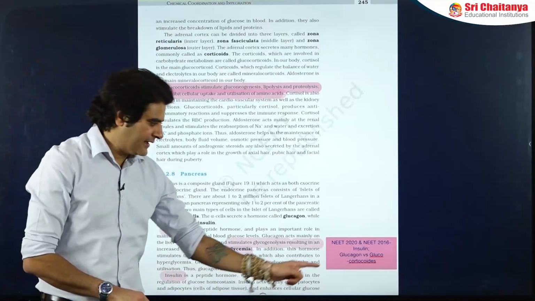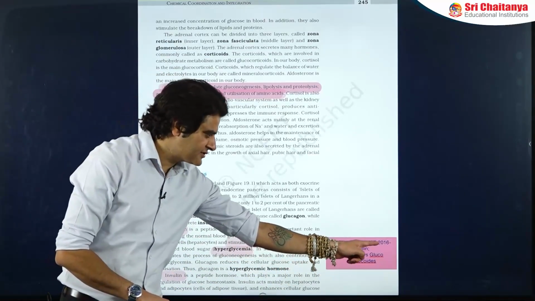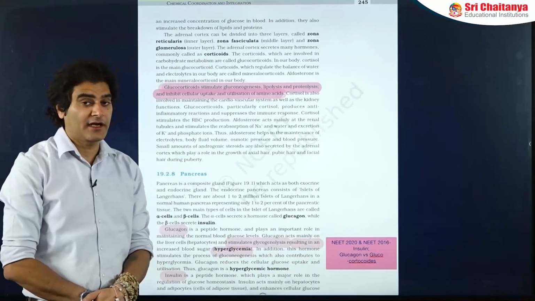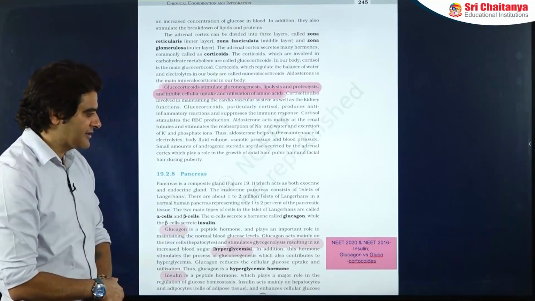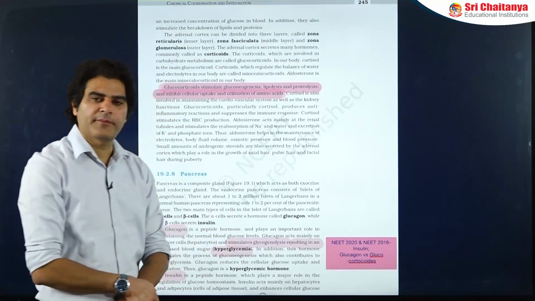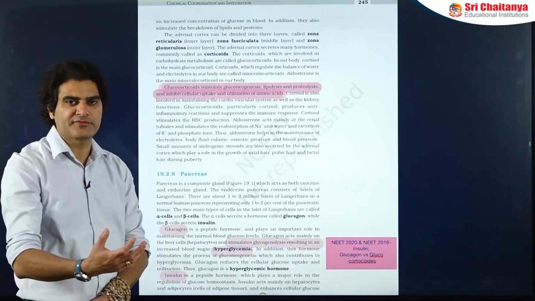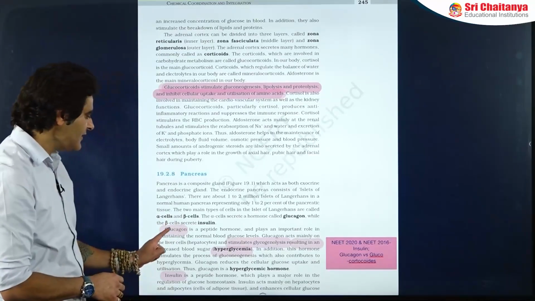The pancreas is another important gland from the questions perspective: NEET 2016, NEET 2020. There have been questions on the antagonistic effects of insulin and glucagon, as well as questions directly on the pancreas itself with respect to which type of cells produce which hormone.